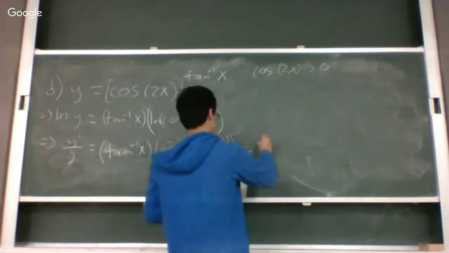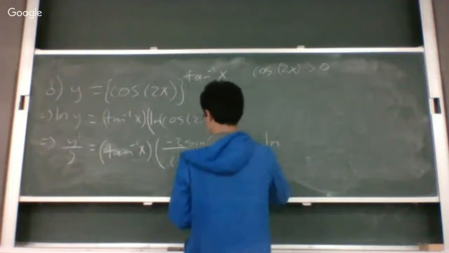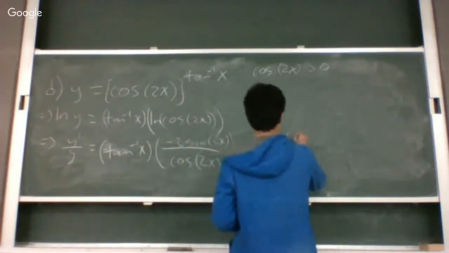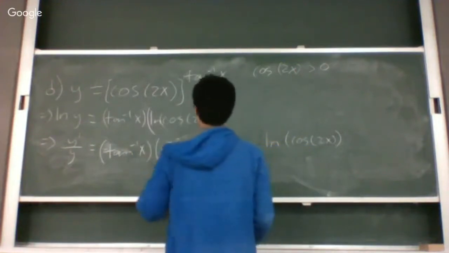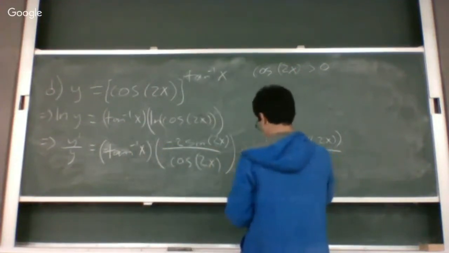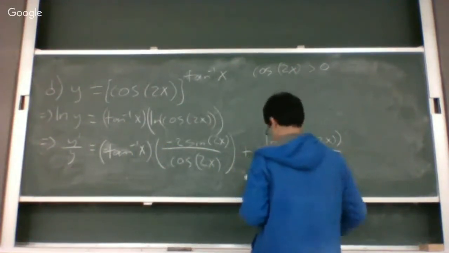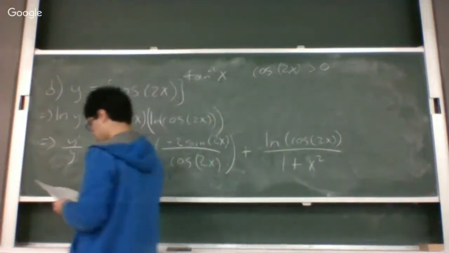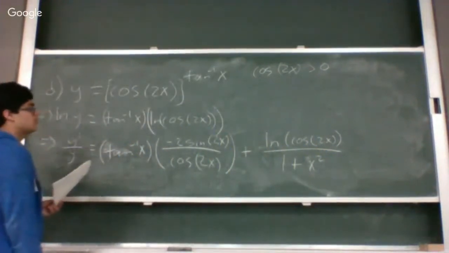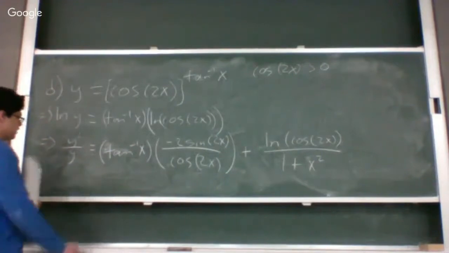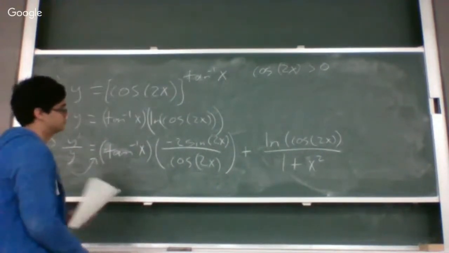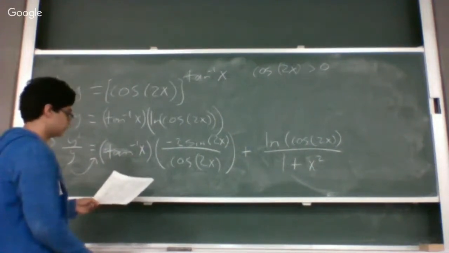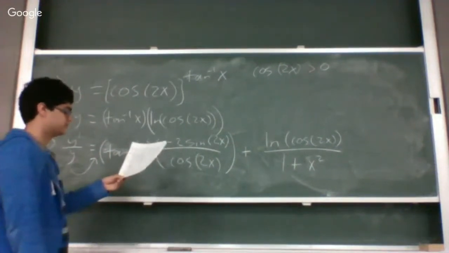Plus the natural log of cosine of 2x. And the derivative of tangent inverse of x is 1 over 1 plus x squared. And then you can bring y to the other side. And that's pretty much it.